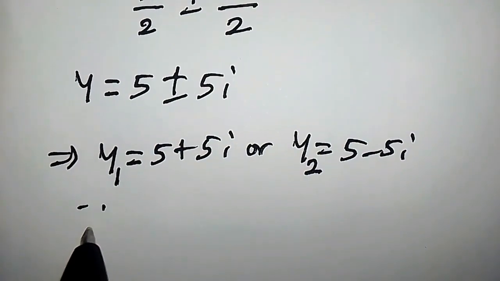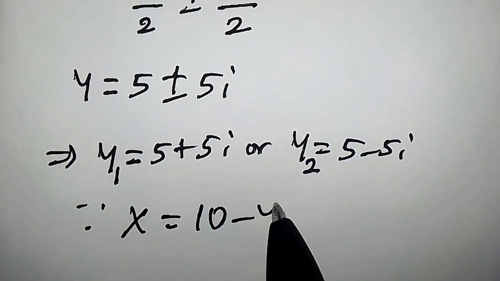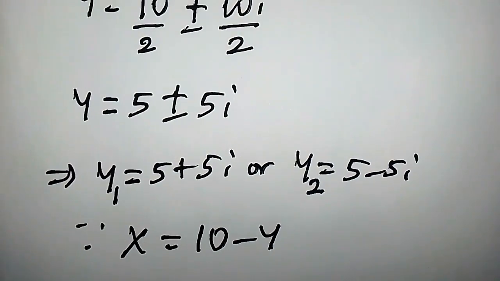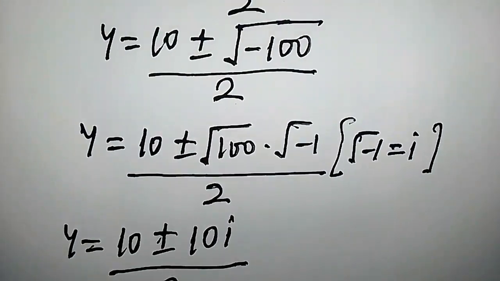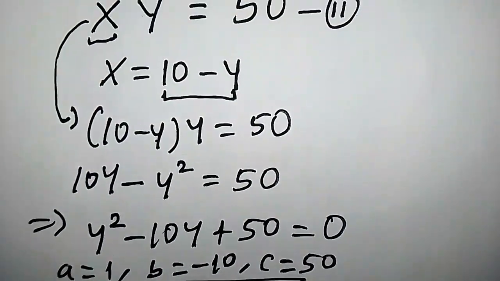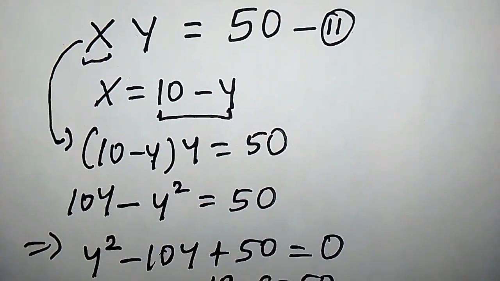Now, since x is equal to 10 minus y, let me show you where we got this equation from. It is actually from this line. Let's proceed further.